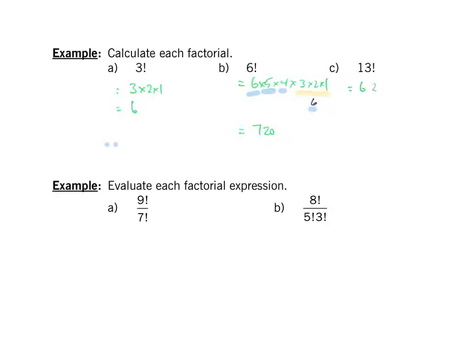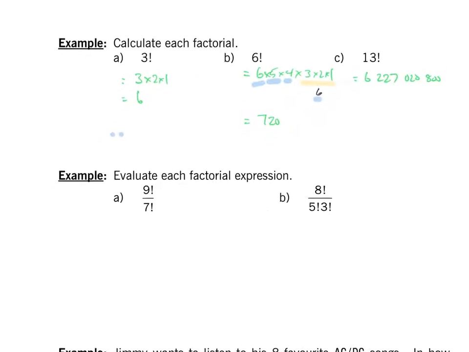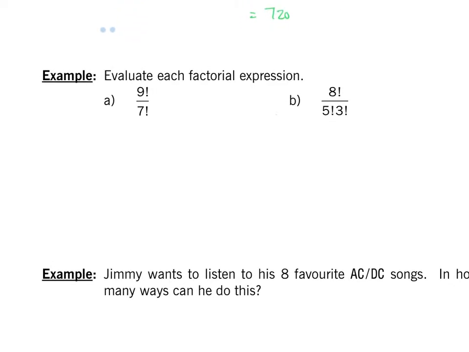It's 6,227,020,800. That's 13 factorial. It's a massive number. All right. But we're going to use some strategies in order to simplify factorial expressions, and that's what we're going to do right here for the next couple questions.